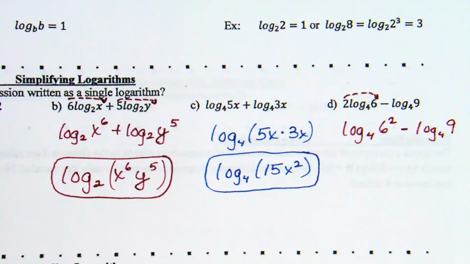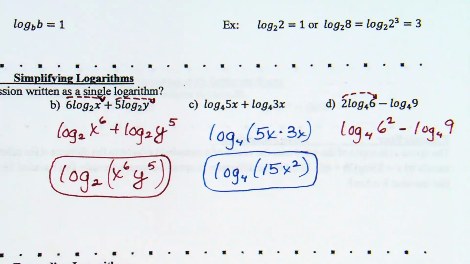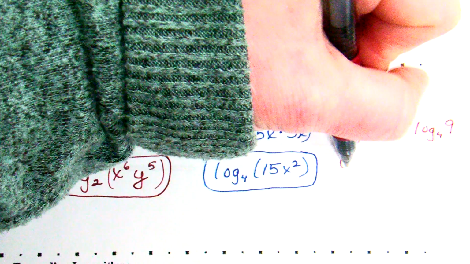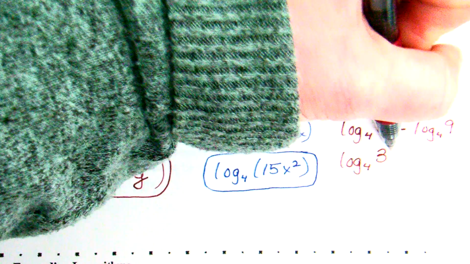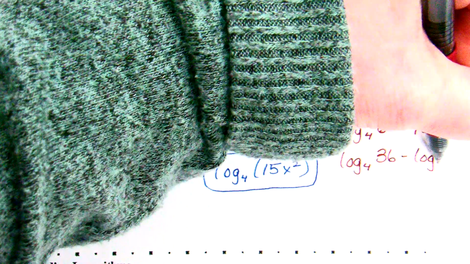Where are you going next? That's where it's set. Okay, what is 6 squared? 36. So log base 4 of 36 minus log base 4 of 9.